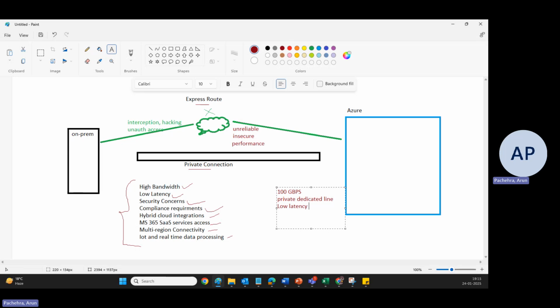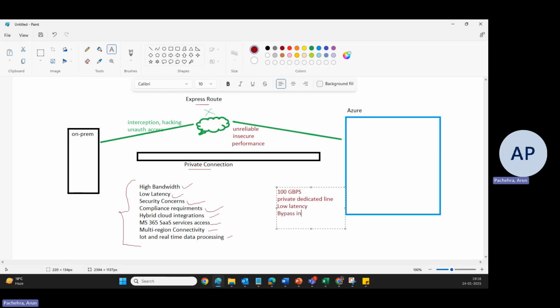The third one is the security concern. Because it's a private connectivity, we are bypassing the internet completely, reducing the risk of cyber attacks and enhancing data confidentiality for secure workloads like healthcare, finance, and government data.